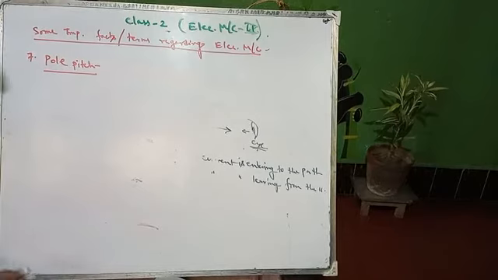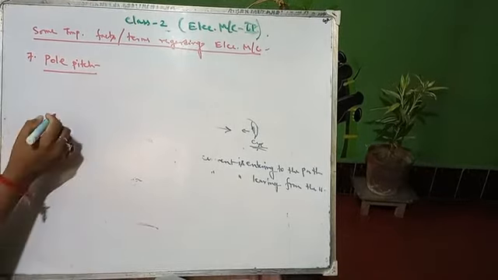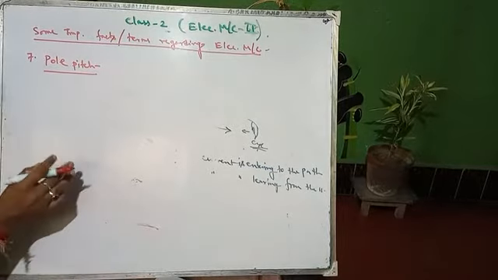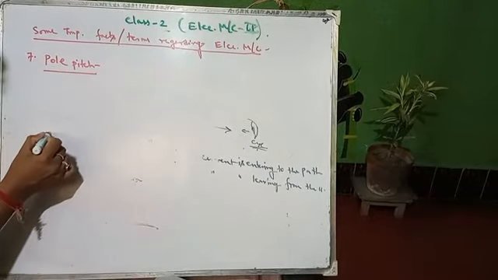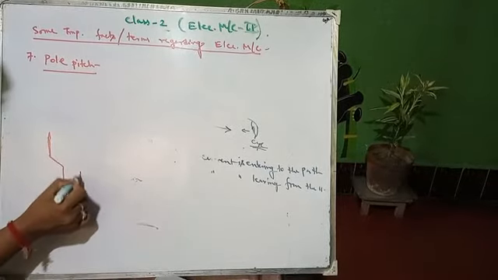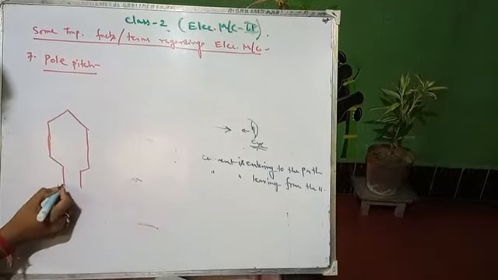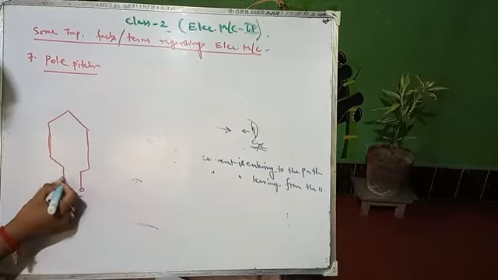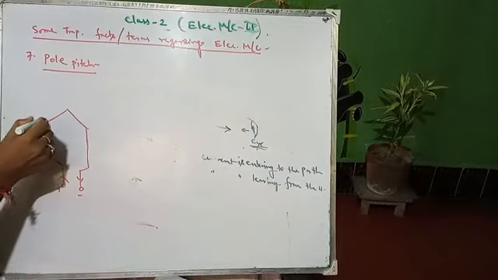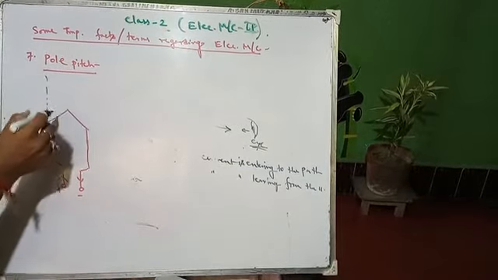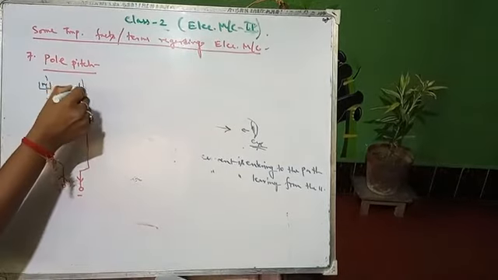Pole pitch is always equal to 180 degrees electrical. Always remember, pole pitch is fixed. If we consider a coil, current is entering on one side and leaving on the other. This is the armature, and there will be a North Pole and a South Pole.